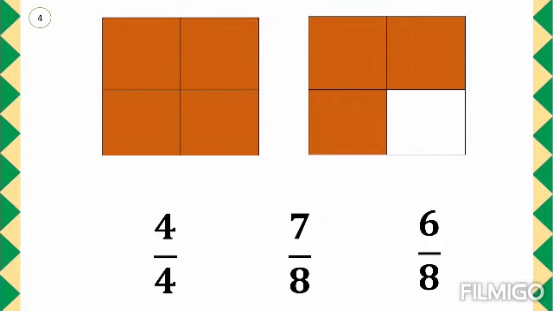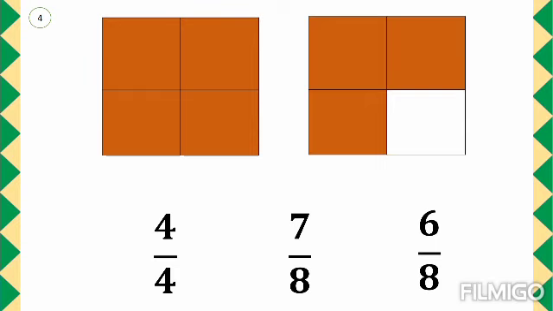Now, guys, I think this is the last activity, number 4. We have two figures here, but I'm telling you now, don't be confused if you have several figures shown in an activity, because it is very easy to tell the answer. The same thing will do.